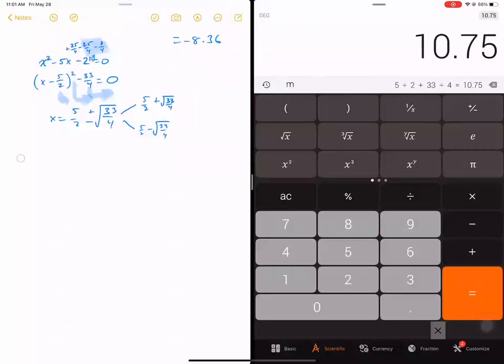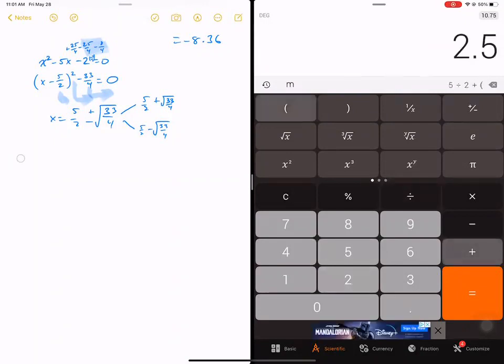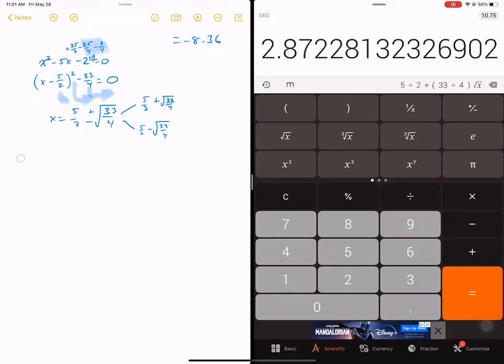So let's redo this. I need to do parentheses. 5 over 2 plus parentheses 33 divided by 4, close parentheses. 33 divided by 4 is 8.25. And then we hit the square root there. Equals, our number is going to be 5.37, rounded.